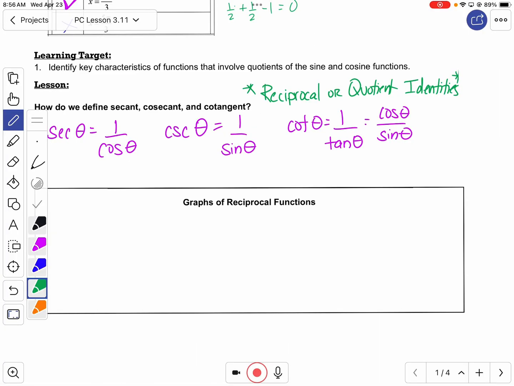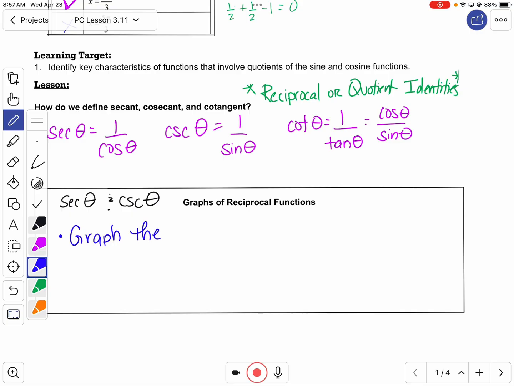So let's go through. There's a couple of steps we're going to take, 3, in fact, to graph a reciprocal function. That means secant, cosecant, cotangent. Now, cotangent is the only one that we'll do a little differently just because of the nature of that graph. But mainly this is for secant and cosecant. The first thing we do is graph the reciprocal function first.